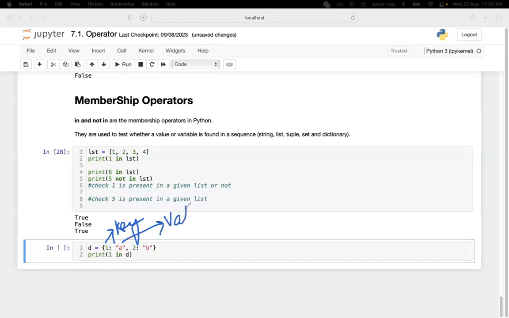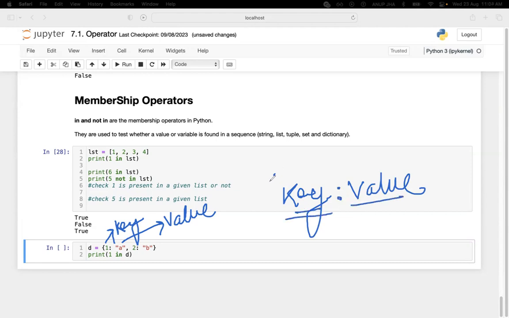This is called value. So a dictionary is in the form of key and value. In between key and value we have a colon. And it is surrounded by two curly braces.